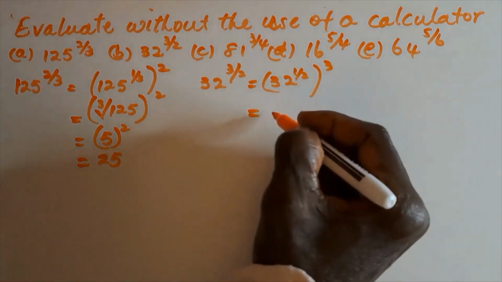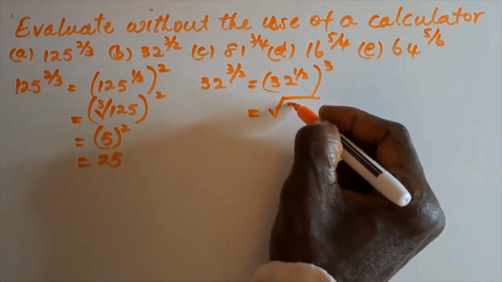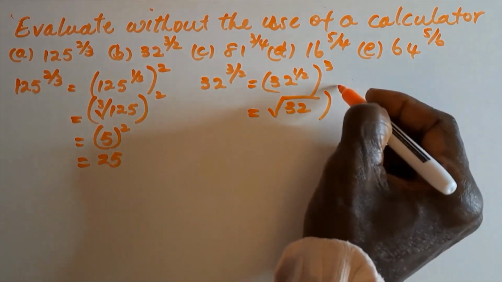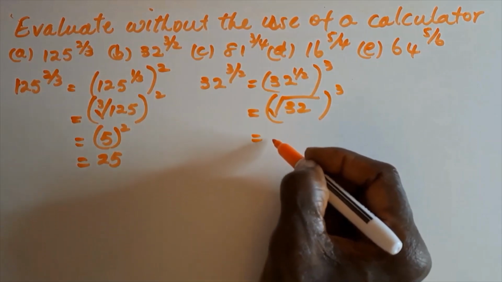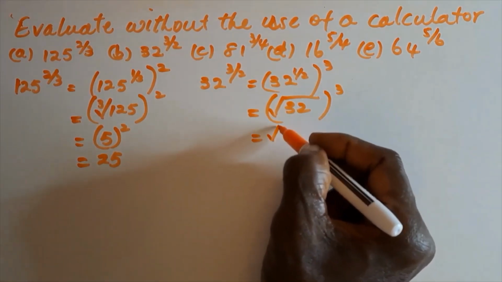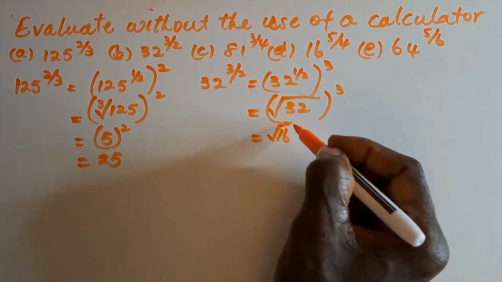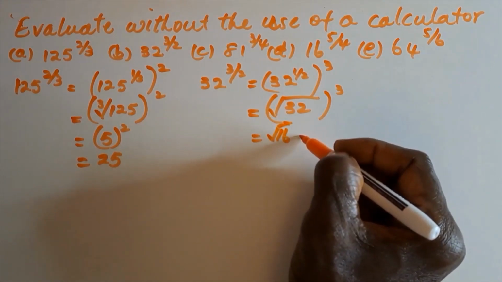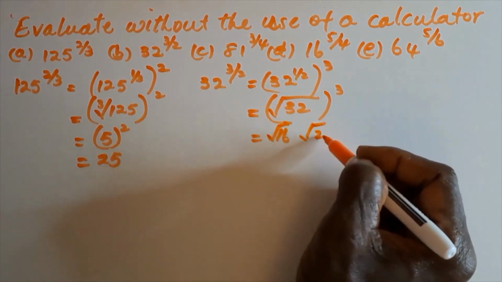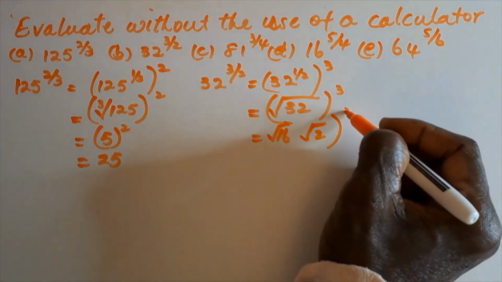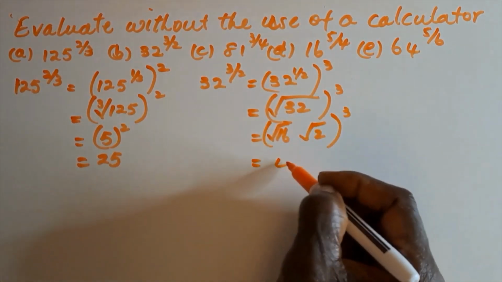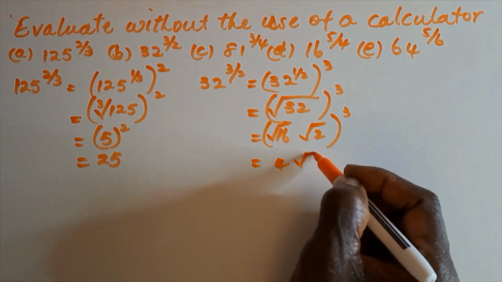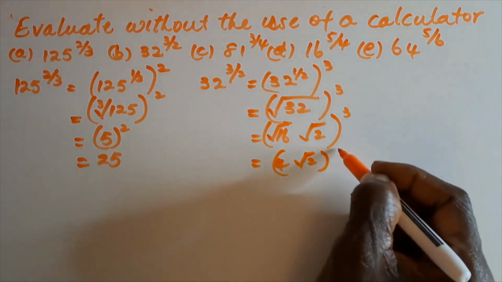But if you take this as written as square root of 32 cubed, we can decompose this into square root of 16 times the square root of 2. And all of this cubed, which gives us 4 root 2, and we cube that.